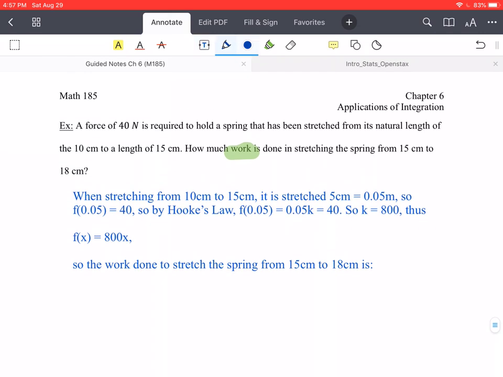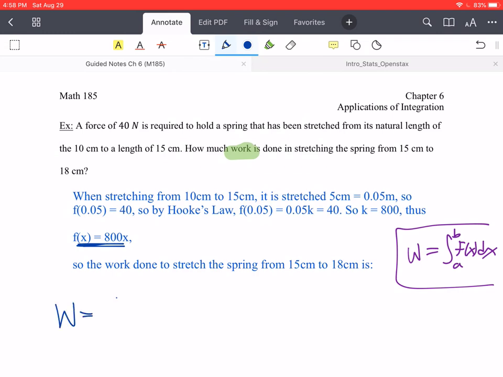Remember, as a side note, the amount of work done is the integral from a to b of f of x dx. For this one, we have f of x, and we can get a and b. So work is the integral of 800x dx. For the lower bound, we're starting at 15 centimeters, but we put that in context: we're looking at how far above its natural length it has stretched.